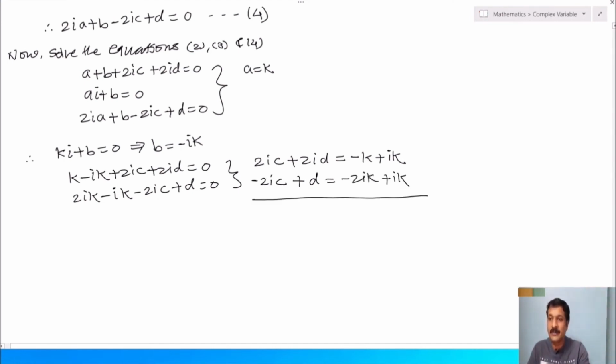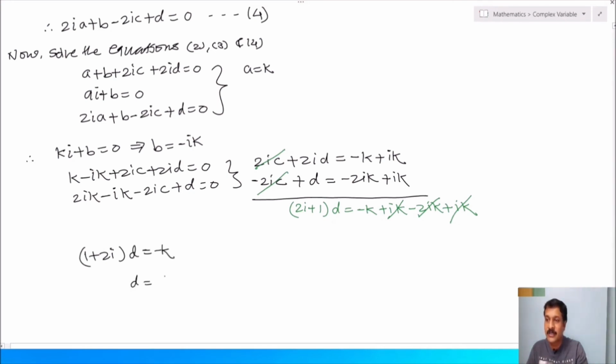Now solve: 2iC minus 2iC get cancelled, and it is (2i plus 1)D equal to minus k plus ik minus 2ik plus ik. Minus 2ik and 2 times ik get cancelled, and therefore I am getting (1 plus 2i)D equal to minus k. So D equal to minus k upon 1 plus 2i.